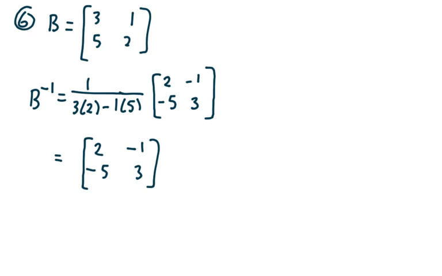Times the matrix 2, negative 1, negative 5, 3. But 3 times 2 minus 1 times 5 is just 1. And so when we simplify this, we get the matrix 2, negative 1, negative 5, 3. And that's how we do problem 6.